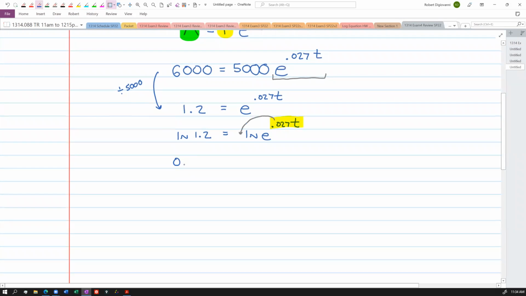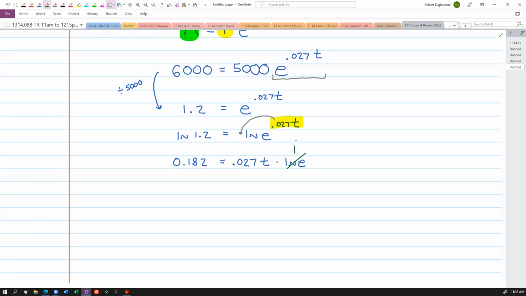This is 0.182 equals 0.027t. Wait, where did the natural log of e go? It's 1, right? Remember, when I pulled that out, I really had next to this the natural log of e, but that's really going to turn into a 1, so I don't even need to think about it.